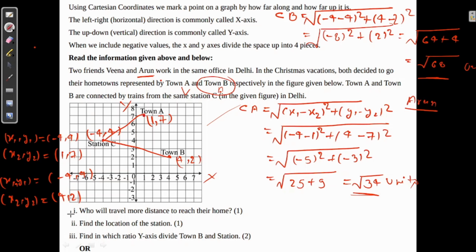So for question 1, your answer is Arun. If you only find the distance or tell something else, that is not considered correct. You have to give Arun as your answer.